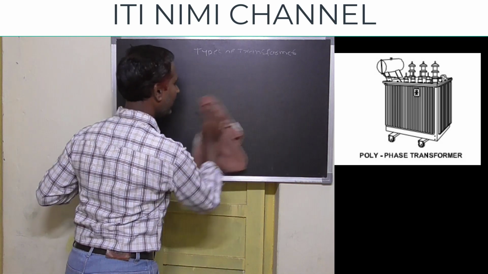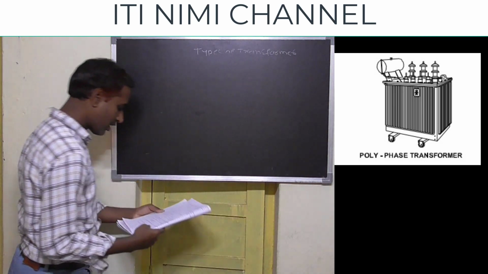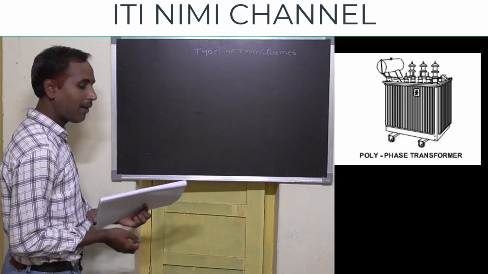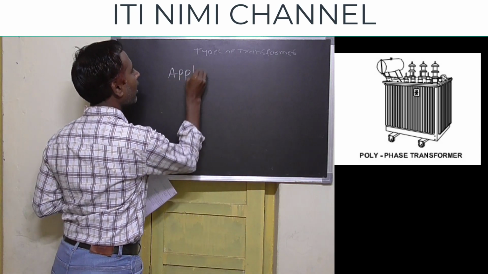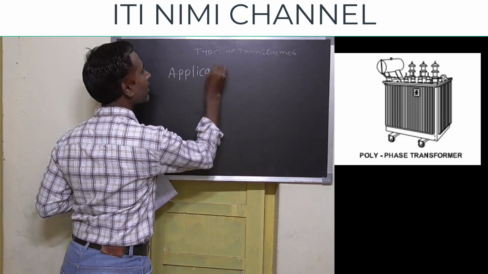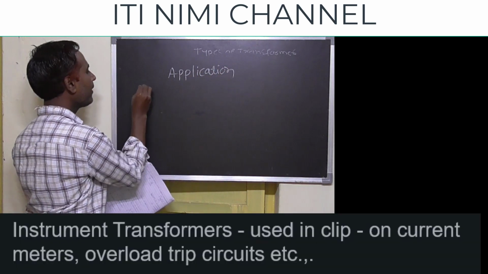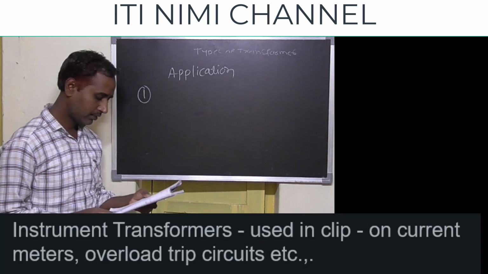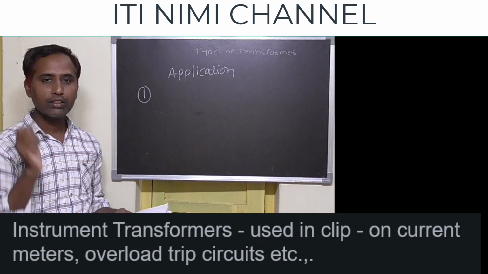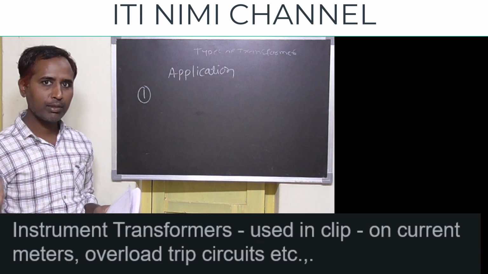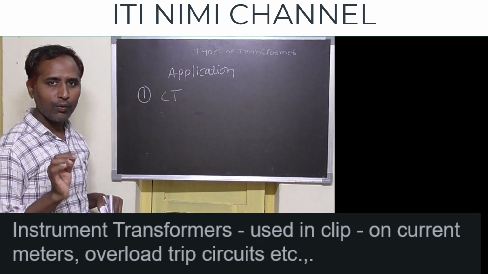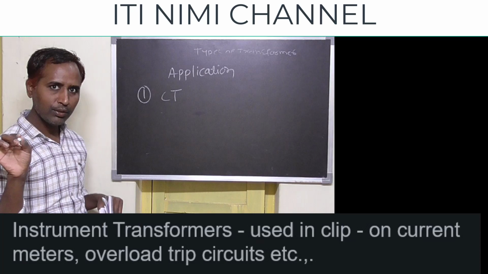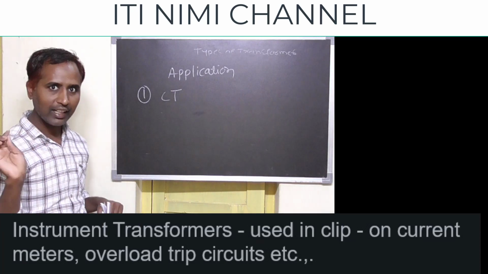Next we divide the transformer on the basis of application. Suppose I am using the current transformer: current transformers are used to measure high current.